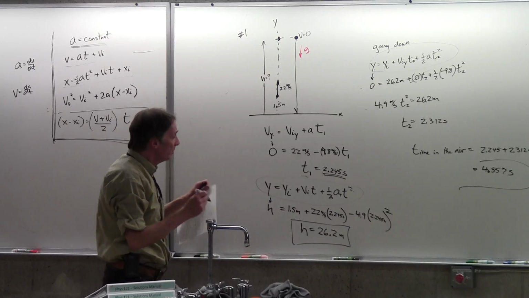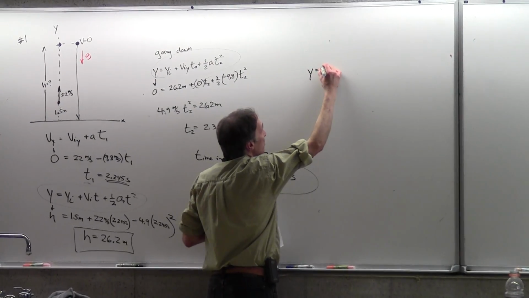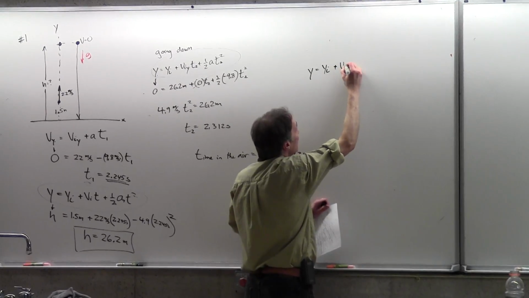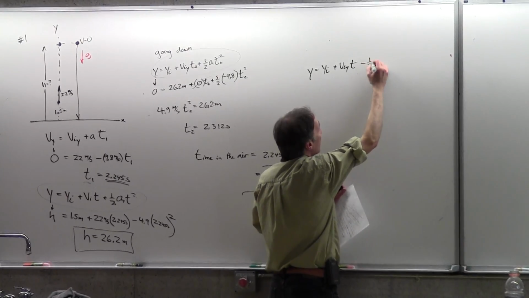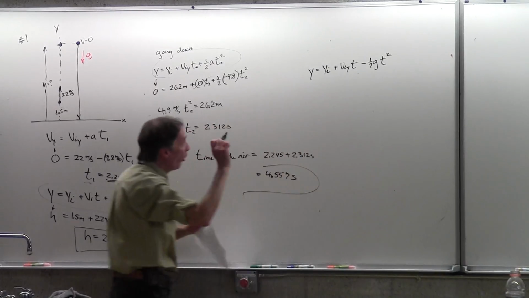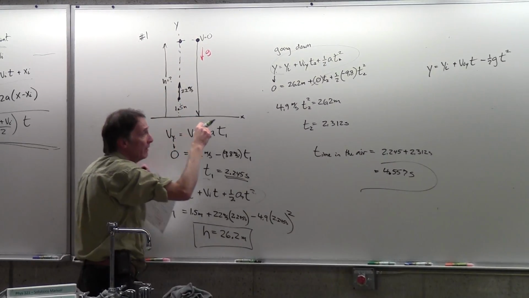However, you can use this equation. You can say that y is equal to y initial plus the initial velocity in the y times time, and we're going to have a minus 1/2 gt squared. And I can use this for the whole trip, going up as well as back down.